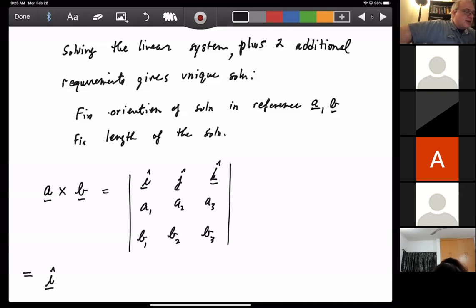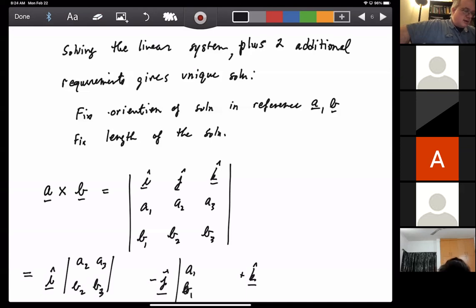So we're going to take the i hat with a plus sign, the j hat with a minus sign, the k hat with a plus sign. And then we're going to make a smaller 2x2 determinant. The minor for the i hat is A2, A3, B2, B3. The minor for the j hat, get rid of the top row and middle column: A1, A3, B1, B3.